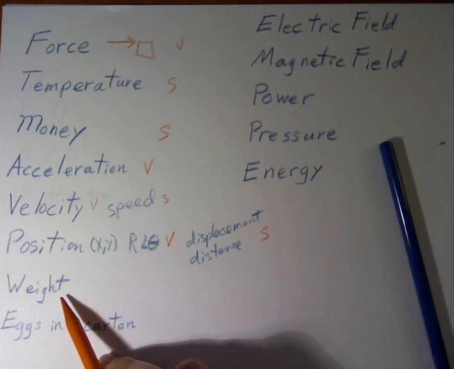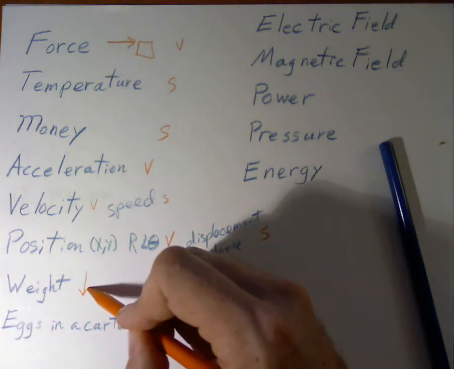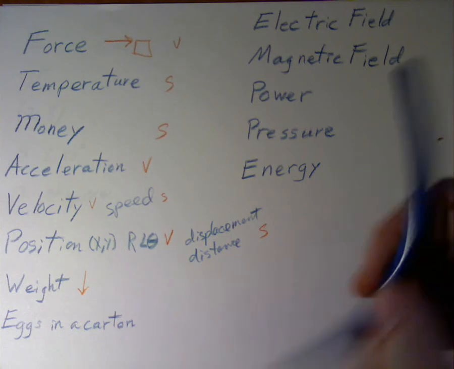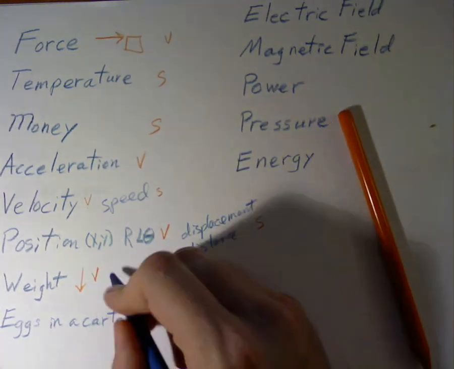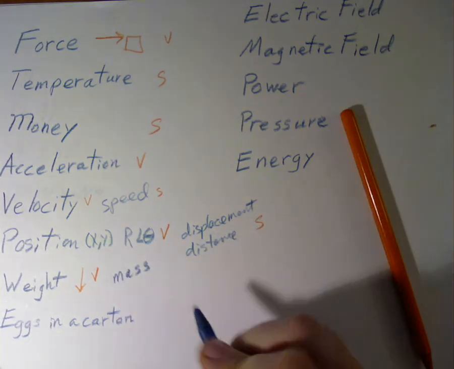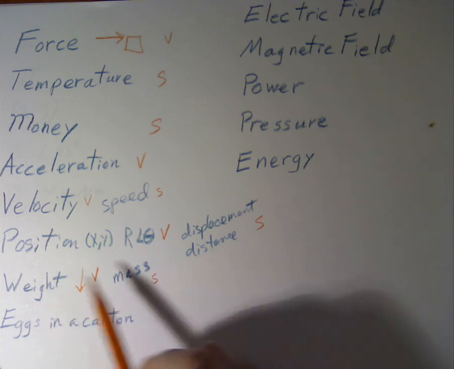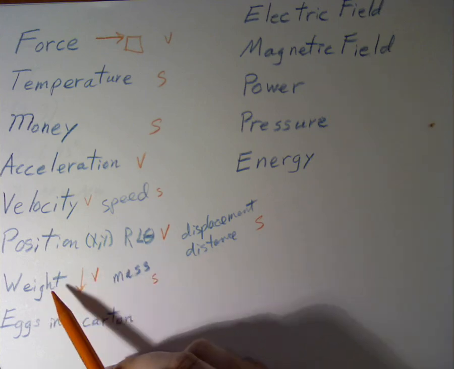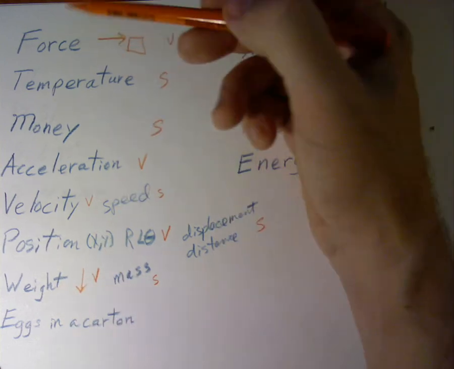Weight. Weight has a direction. It's always down. It has an arrow, so we count it as a vector. In contrast to mass. Mass is a scalar. Now this is a harder one to see for lots of people, because weight is really a force.